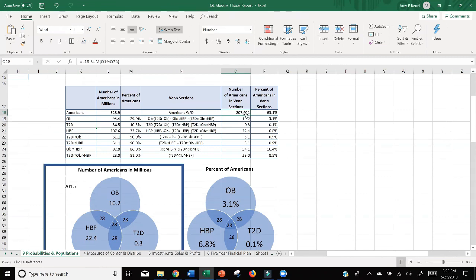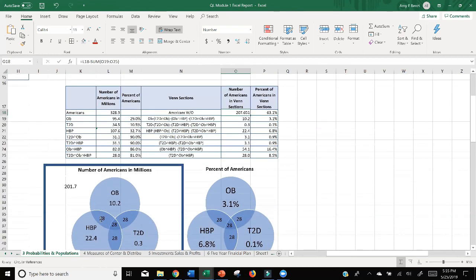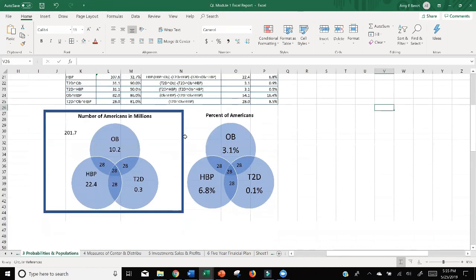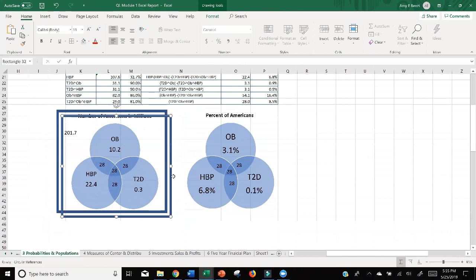All right, there we have it, you guys. And again, all of these 28s can't stay here. You guys can just change these to the right numbers. And then over here, I'm going to move this over and make it smaller. I'm just going to Control C, Control V, and voila, now I have a universe for my other Venn diagram.